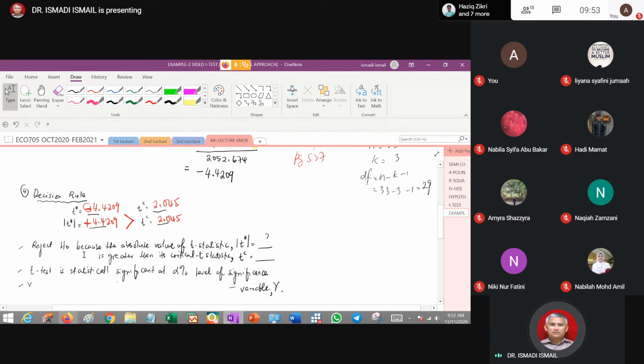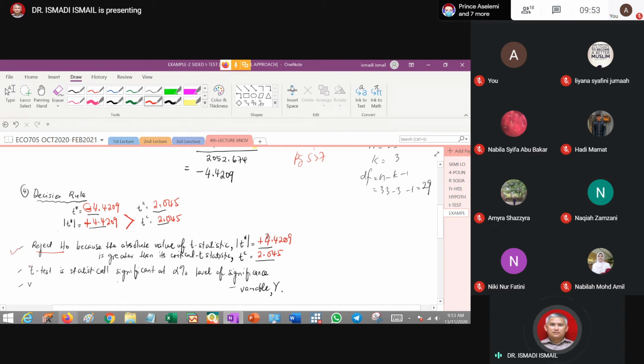So when it is greater than, reject the null hypothesis, because the absolute value of the t statistic, now positive 4.4209, is greater than its critical value 2.045.